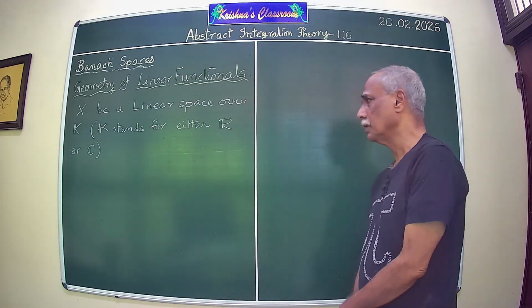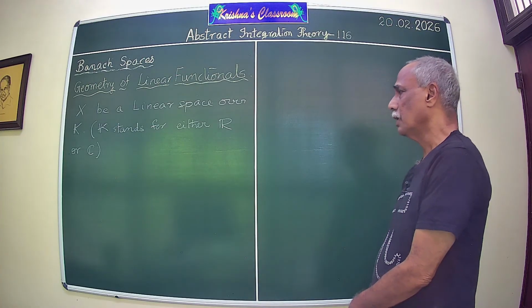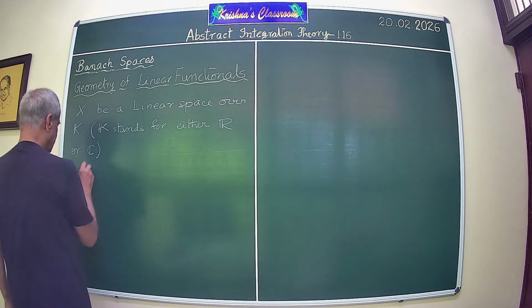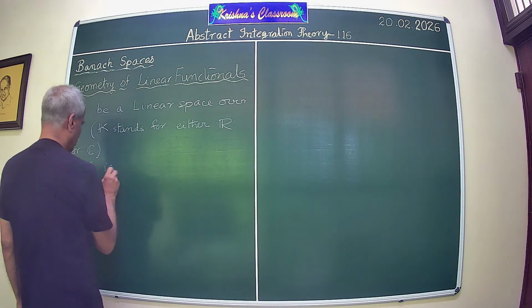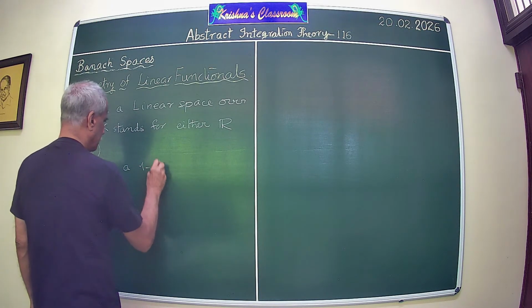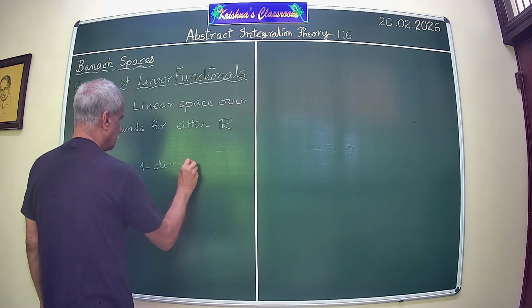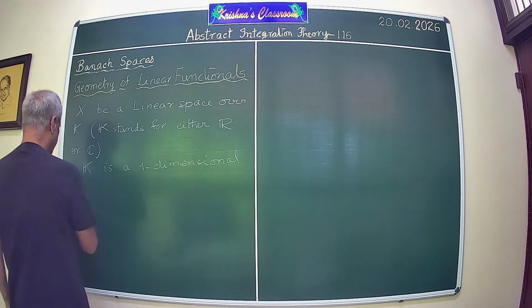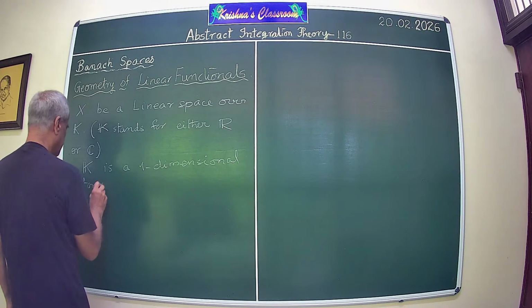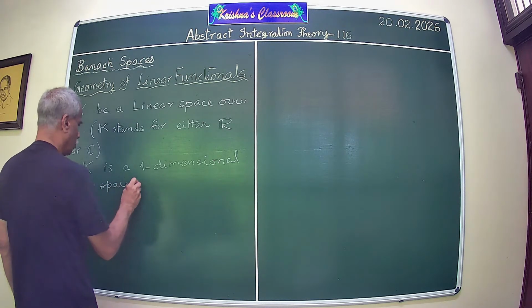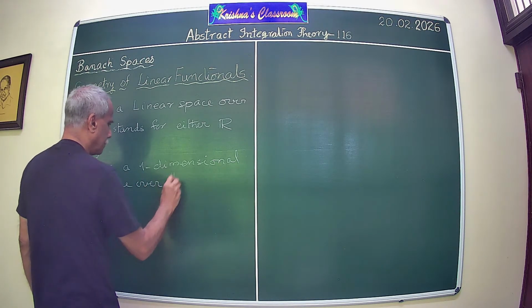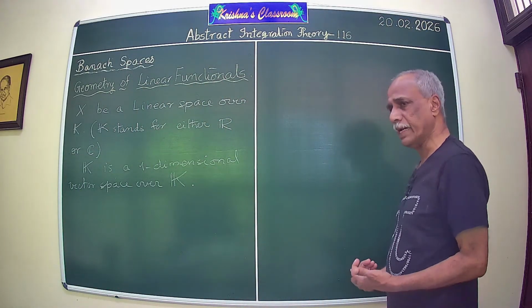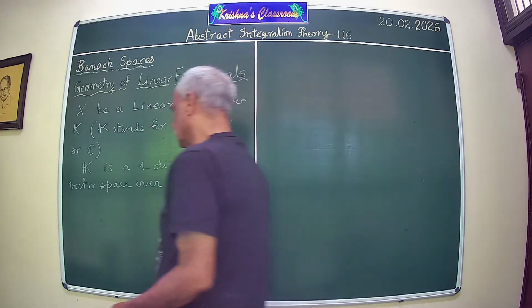Now observe that K is a one-dimensional vector space over K. Now we can define what a linear function is.